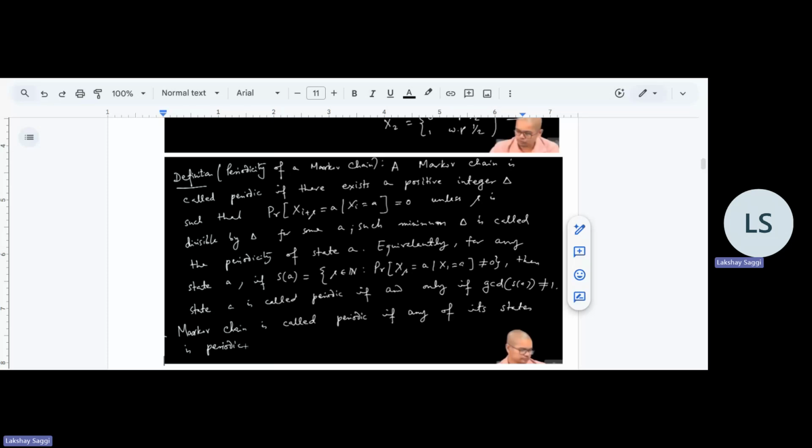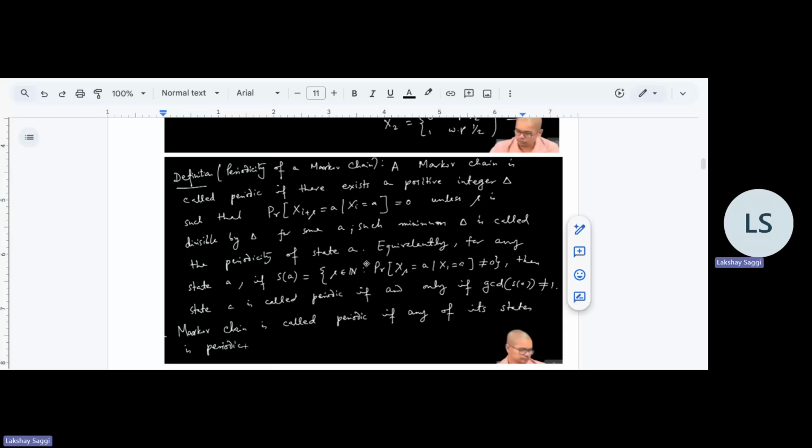If you are at state A at some point of time, then you cannot reach state A again before delta further time steps. So the time intervals at which you can reach state A are multiples of delta.